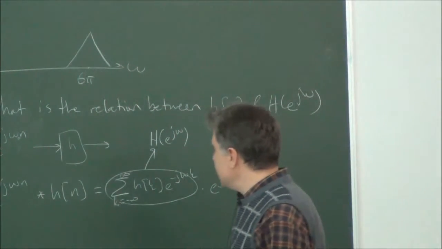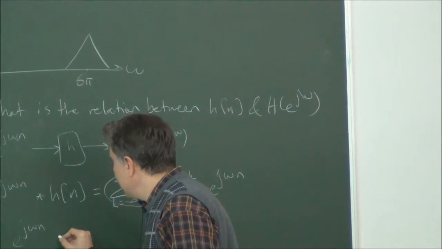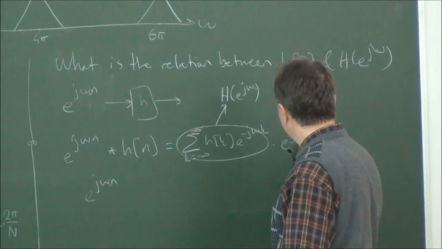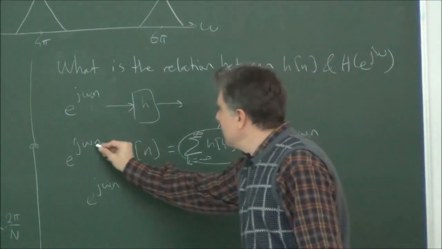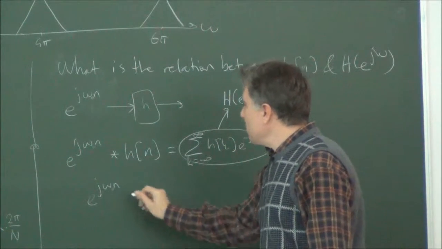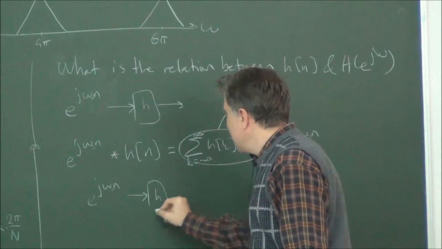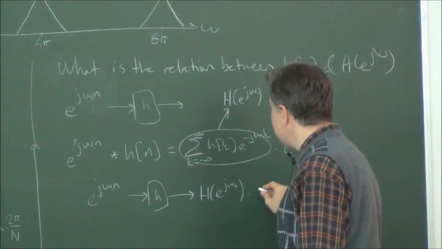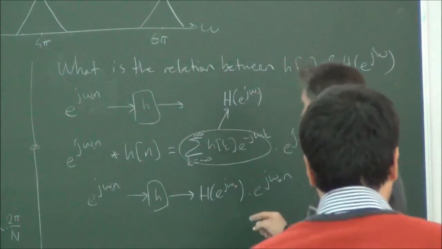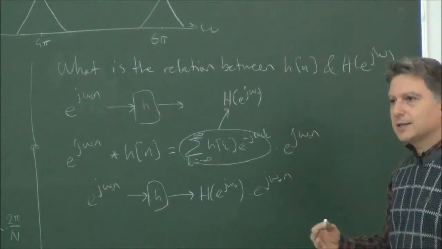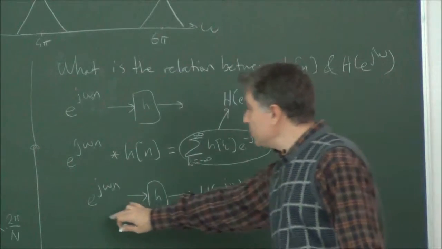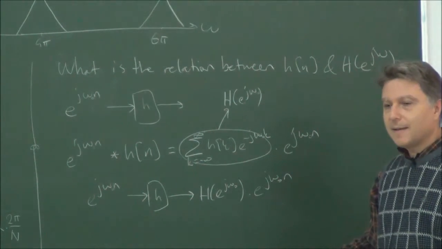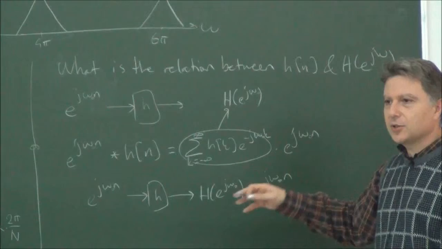So that is the function that we're looking for. What it is saying is, when e to the j omega 0 n, and everything has omega 0 here, goes into the system H, the output is H of e to the j omega 0 times e to the j omega 0 n. This is the same formalism that we had in continuous time. If the input is a pure sinusoid, the output is the same pure sinusoid scaled by a function of frequency.